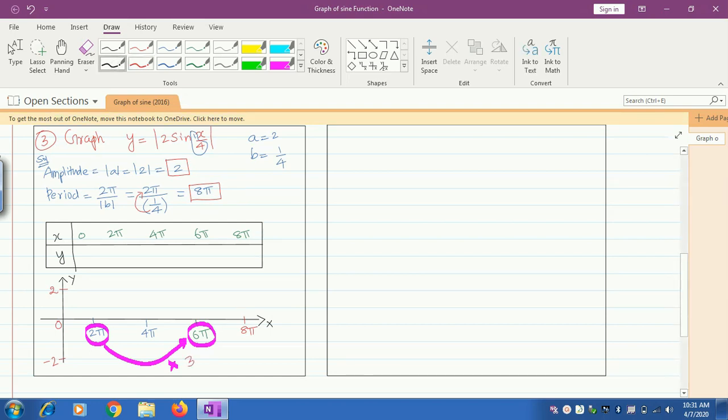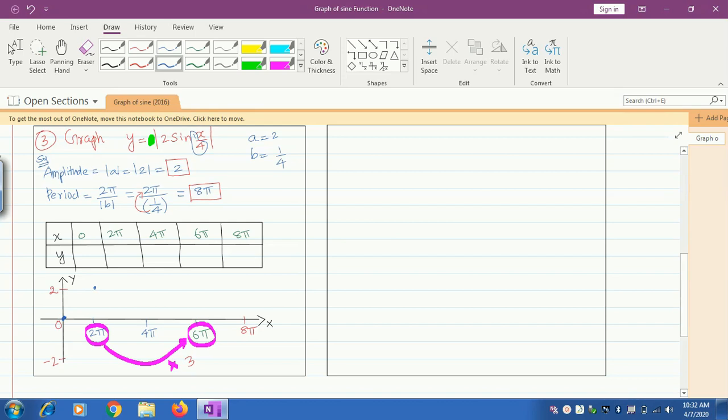Now, what should be the values first? The first value is 0, right? The sine function starts from 0, whether it goes up or down. Since it is positive, therefore it goes up here.